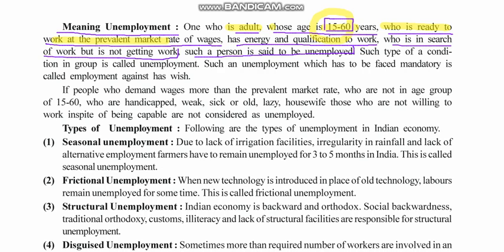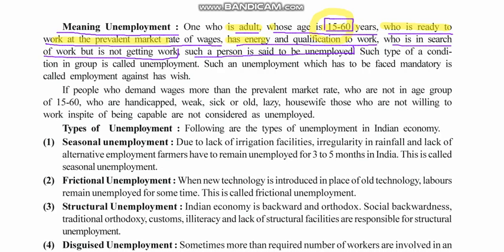So I am not ready to work at market rates. The person who wants to give me work says, okay, I can give you 200 rupees, not 2000. But I say no, I will only take 2000 rupees, and only then will I work. Then I cannot be called unemployed, because I am not ready to work at market wages. Market wages means the market rates which are going on.